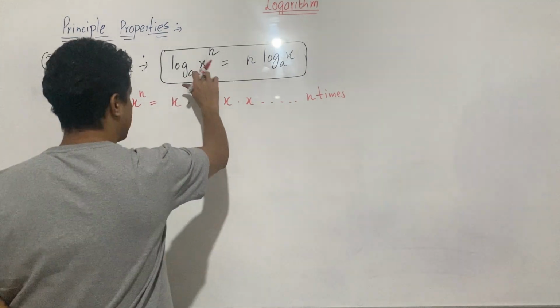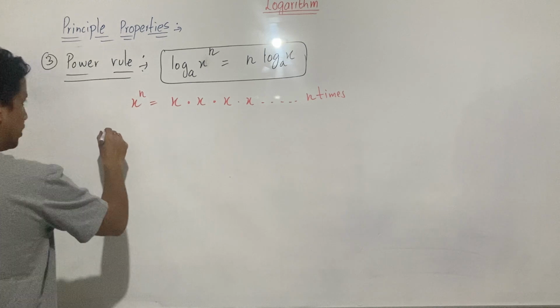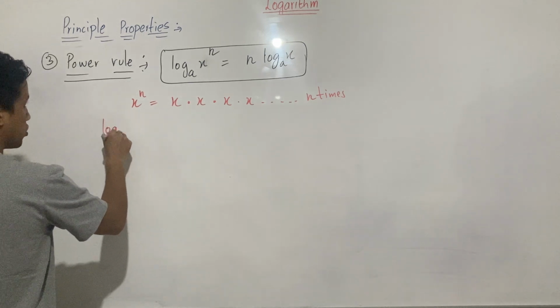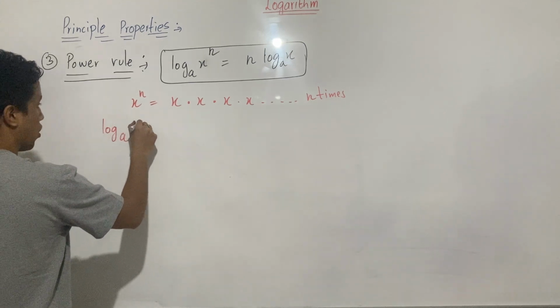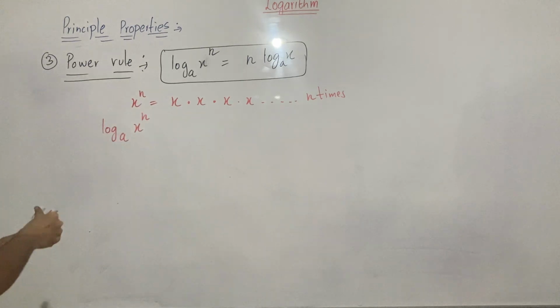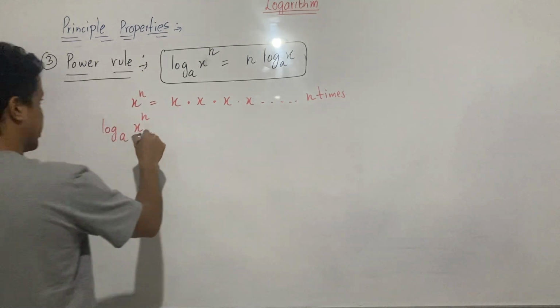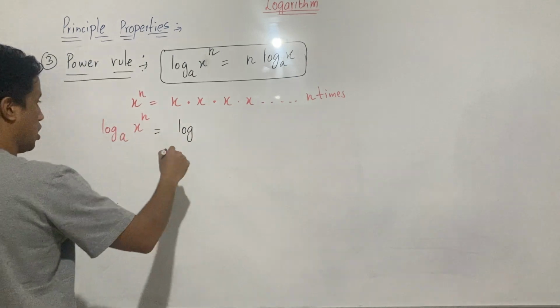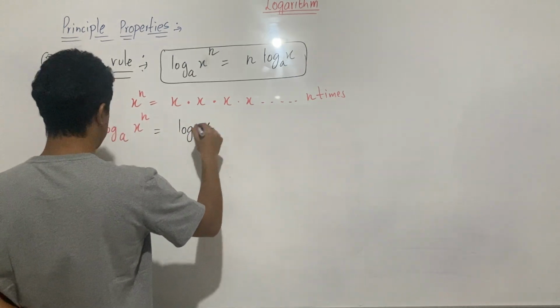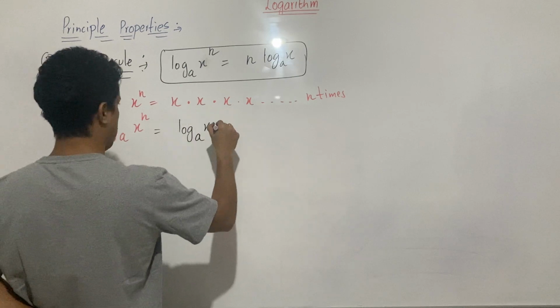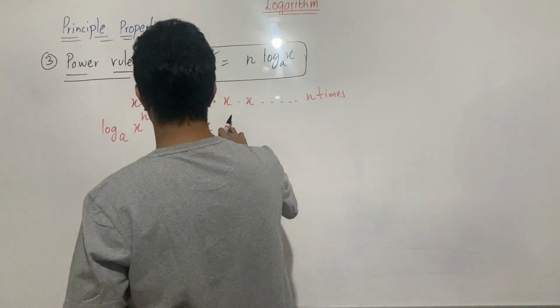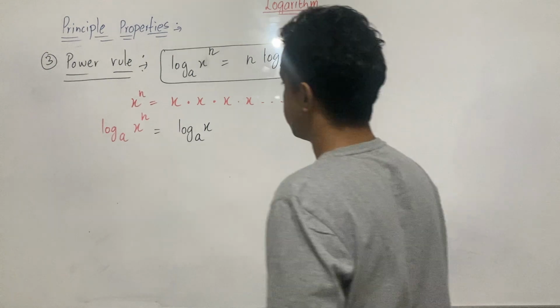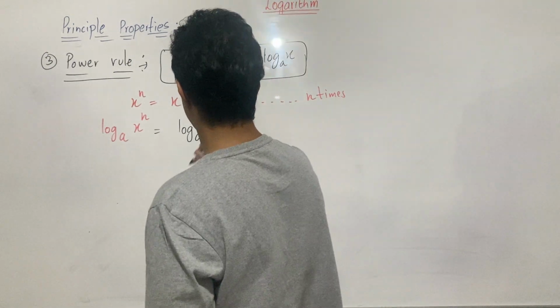So if I take this side, log x raised to the exponent n, it's going to be log x, and here it's going to be plus y.